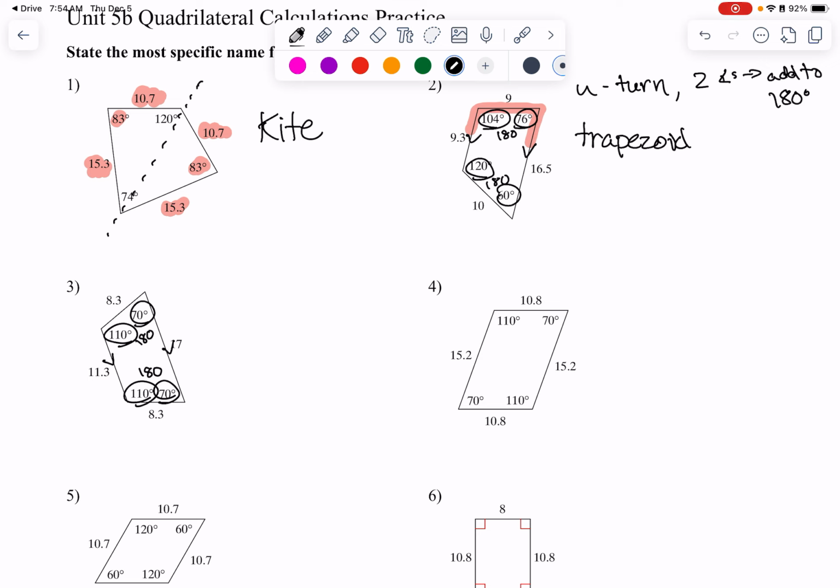However, this one has something a little bit more. It also has this symmetry where it could fold. And anytime something could fold, one of the ways that we describe that is isosceles. So this one is a trapezoid, but it's also an isosceles trapezoid because it has that symmetry that it could fold.